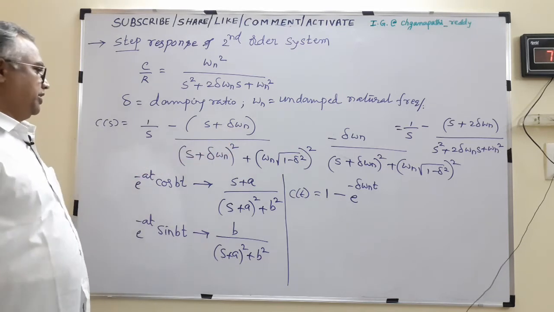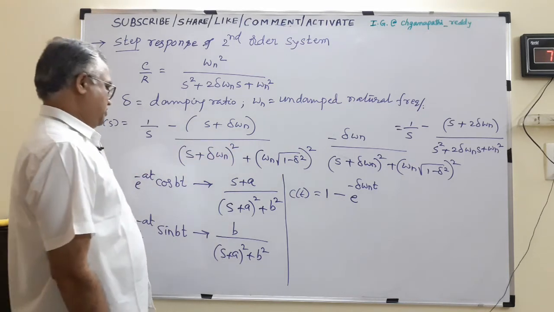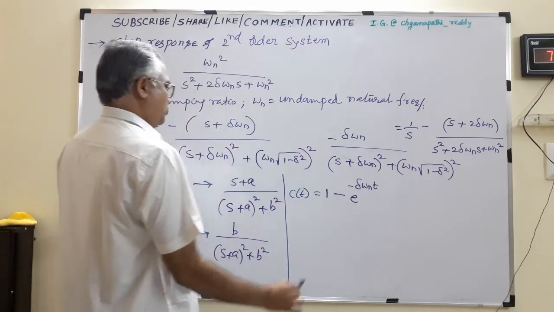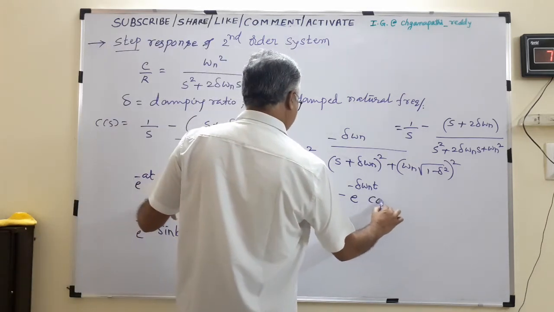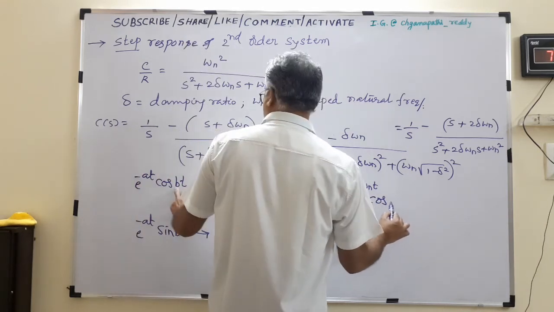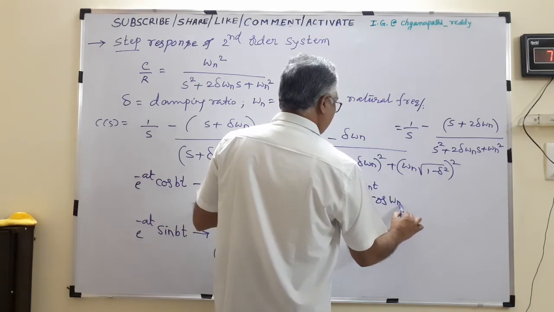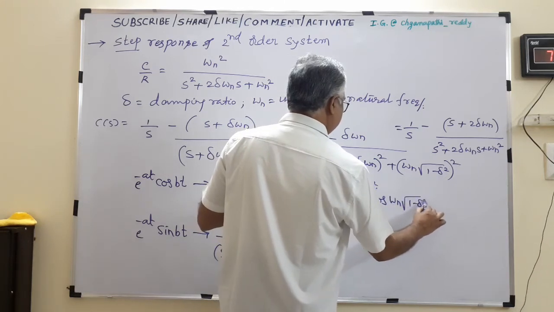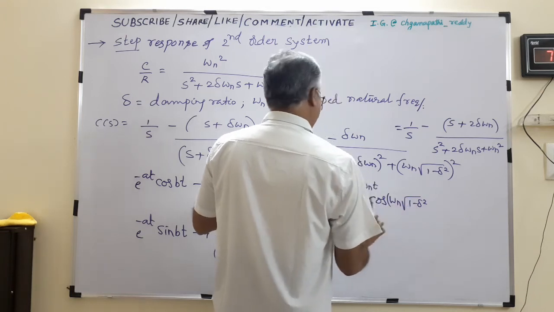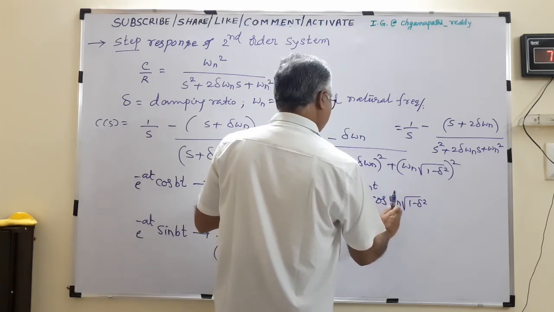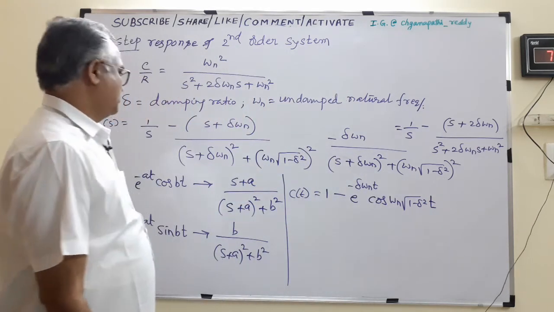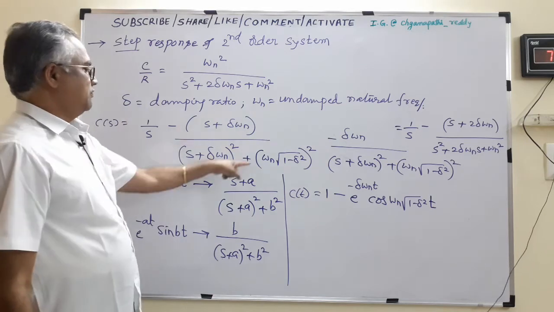So e power minus delta omega n t cos bt. B is omega n root of 1 minus delta square. So L inverse of this is this.